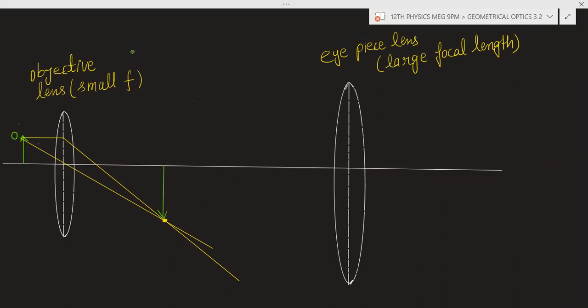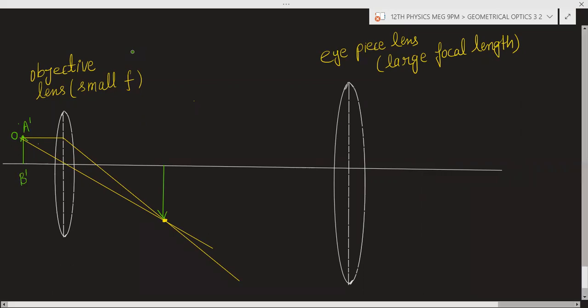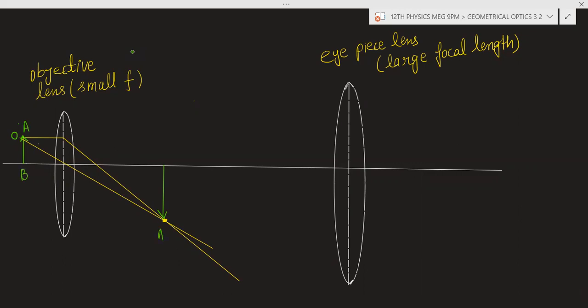This object is AB, and the image is formed as A dash B dash.